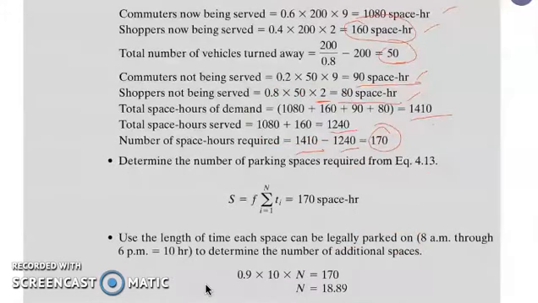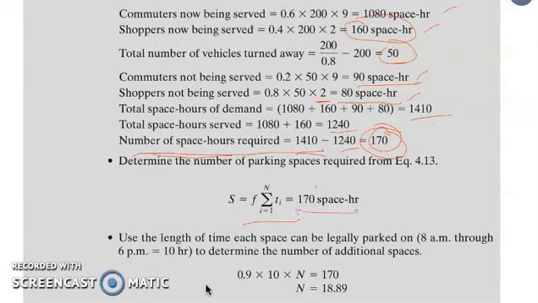You have the formula, and this 170 is the number of space hours required, so that everyone will be served and can use the parking garage. So equal to 170 space hours.